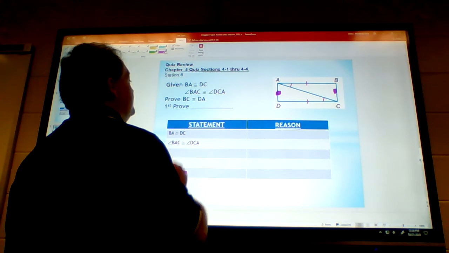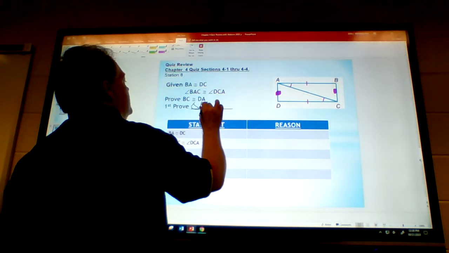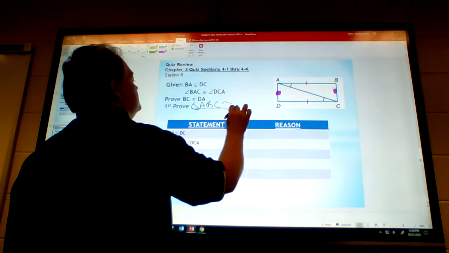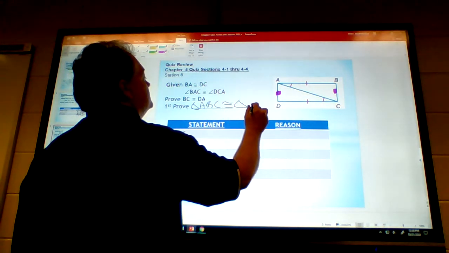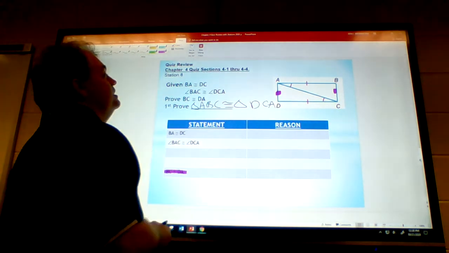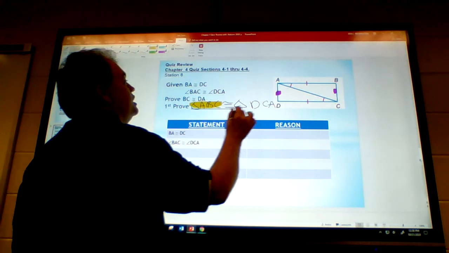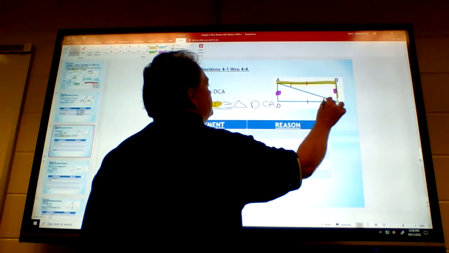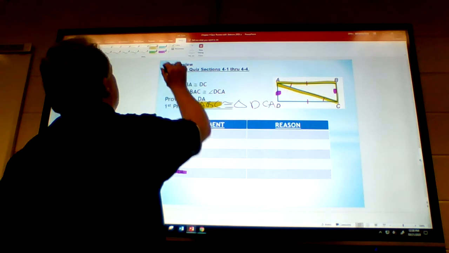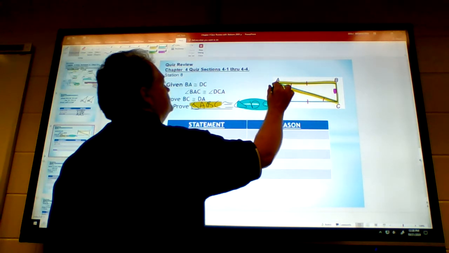But before I do that, I got to first prove that triangle ABC is congruent to triangle DCA. So I'm going to go ahead and highlight them. Highlight this one in yellow. You'll see why in a moment. And highlight this one in blue.